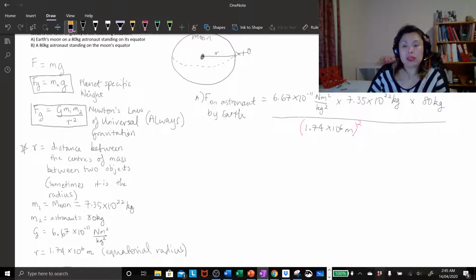Now, note that I have put brackets around that r value, the distance between the two centers of masses, in red. I'm also going to do that for our other scientific notation figures.